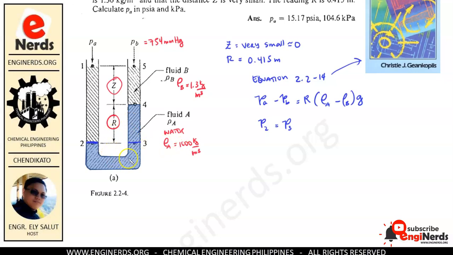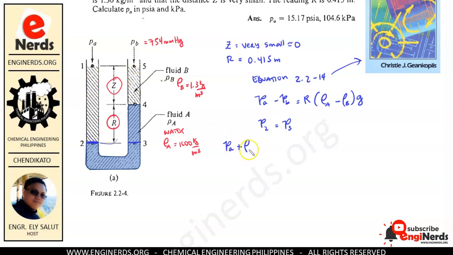Diba? So first, let us get the pressure on point 2. No? So we have P2. So in here, to get the pressure in this point, we'll have PA plus the pressure generated on this area, okay, which is the density of B, because this is having the same liquid here, no?